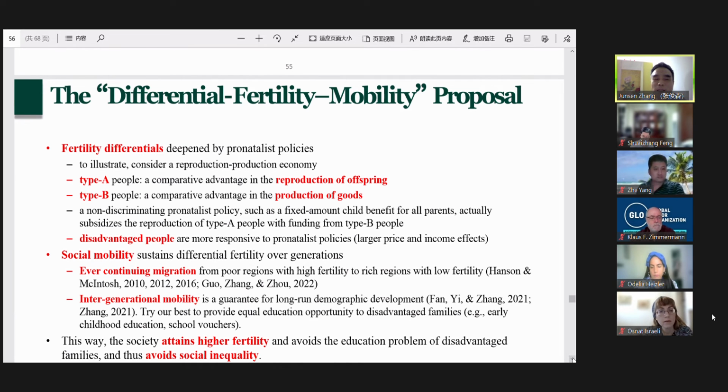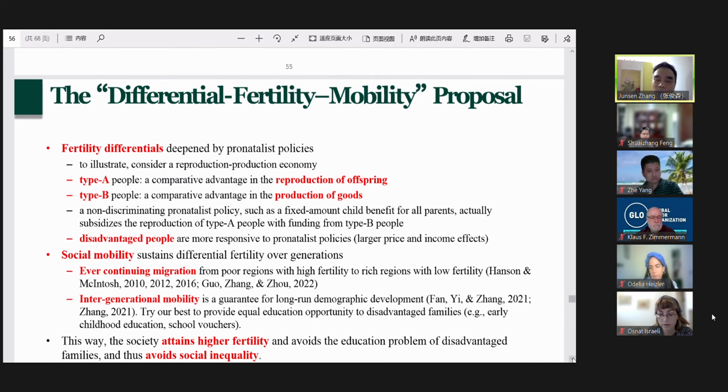The idea is to make use of the fact that there is still a fertility differential among different groups of people. For example, the lower educated group or the higher educated group, or the group with low income versus high income. The fertility differential still exists, and it can be further leveraged, right?